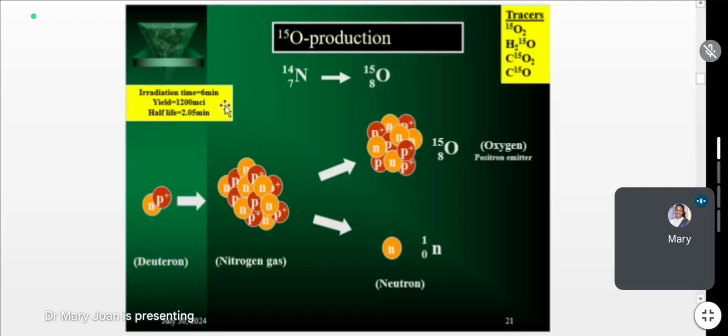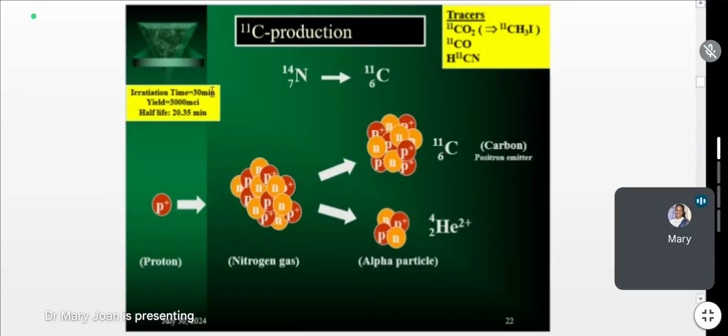Another thing is, 1200 and 3000 will look like a huge amount of radioactivity if we look at it, but the half-life is too small. If we have a patient for a whole body scan, we have to inject around 15 to 30 millicurie.